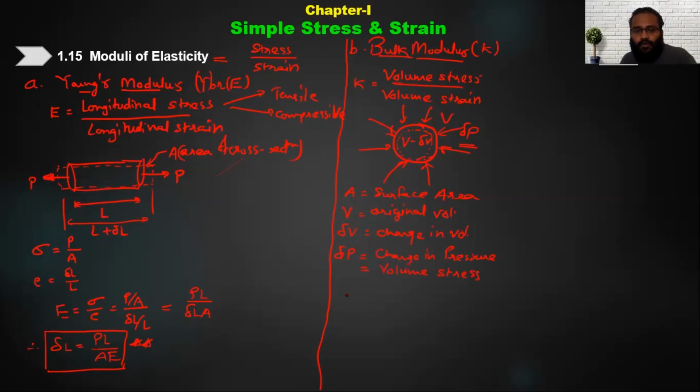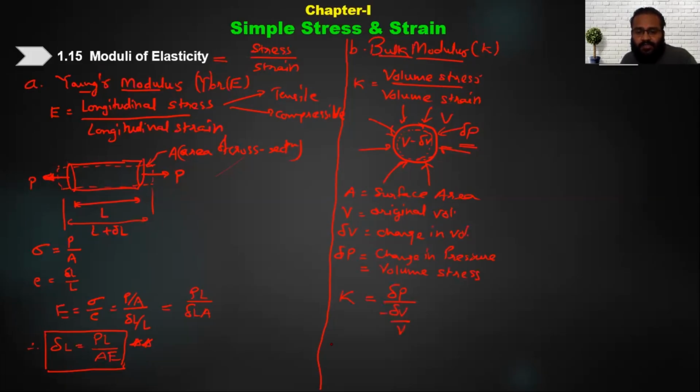Okay, so therefore what is my bulk modulus in this case now? So my bulk modulus K can be defined as, not delta, it is the volume stress. The volume stress I have denoted by delta P upon the volume strain, which is delta V by V. Now this delta V I am writing negative.